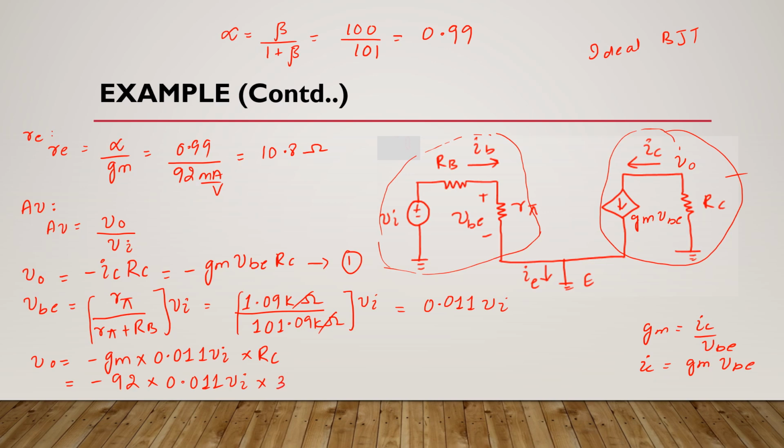After solving this, you get V0 is equal to minus 3.04 VI, and it means V0 divided by VI is equal to minus 3.04, and we know that this V0 divided by VI is the gain. So this is your answer. Now you have performed your AC analysis as well.